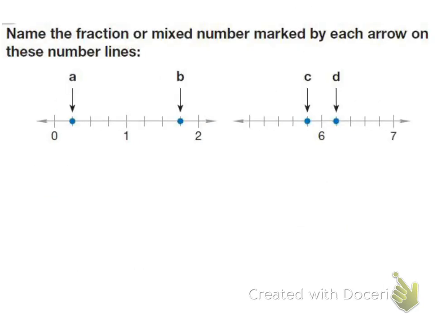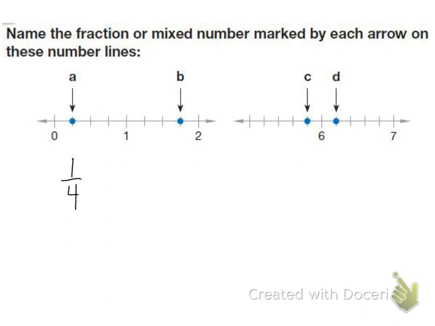This problem asks, name the fraction or mixed number marked by each arrow on the number lines. First we need to figure out how many pieces these number lines are broken into. So we have 1, 2, 3, 4 sections in between the whole numbers. That means it's broken up into 4ths.